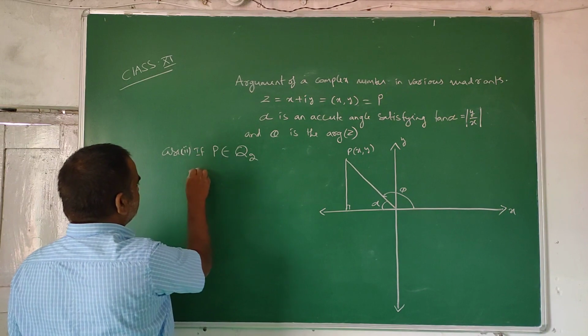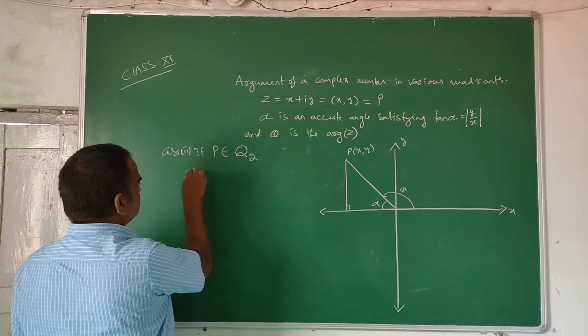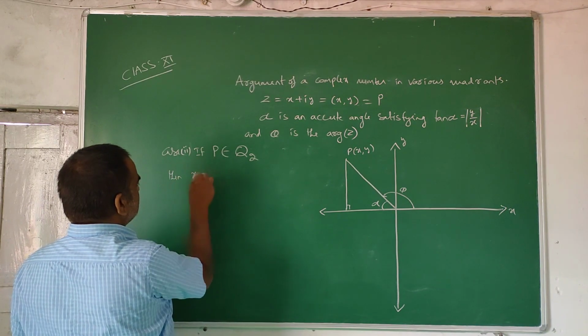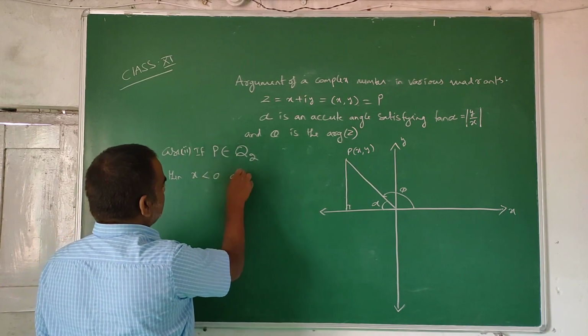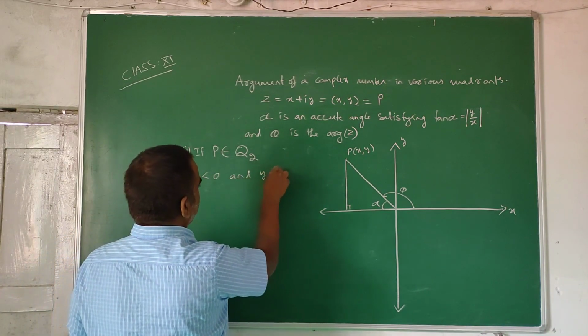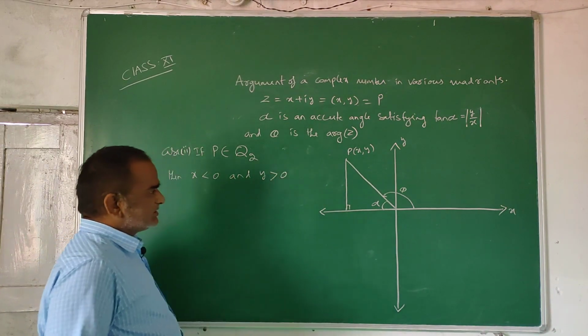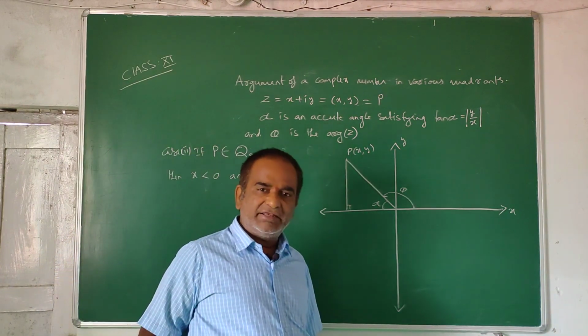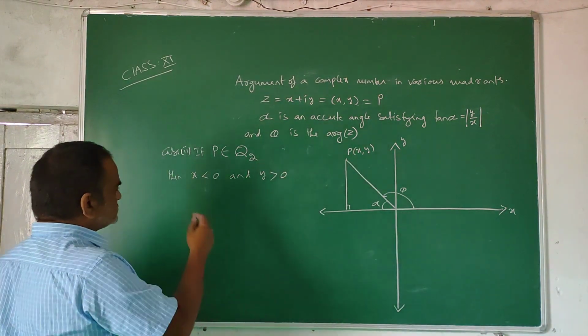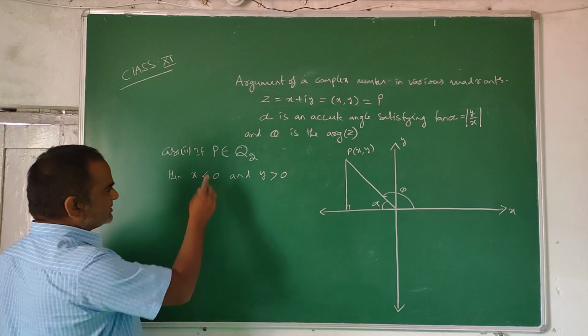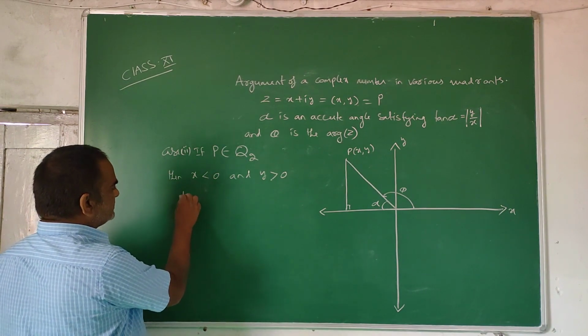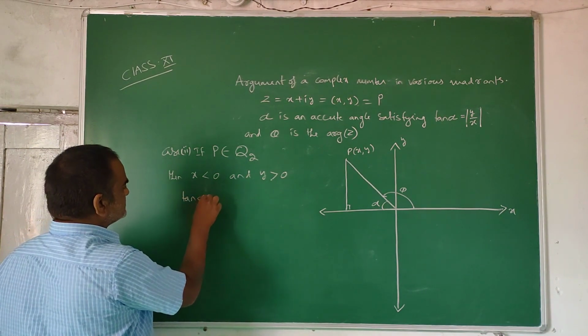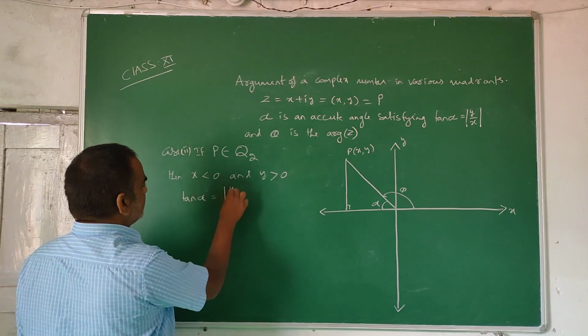It is obvious that x is less than 0 and y is greater than 0. Right? And tan alpha is mod y by x.